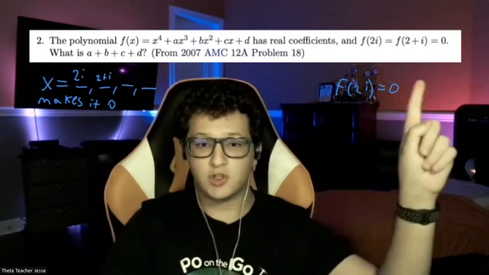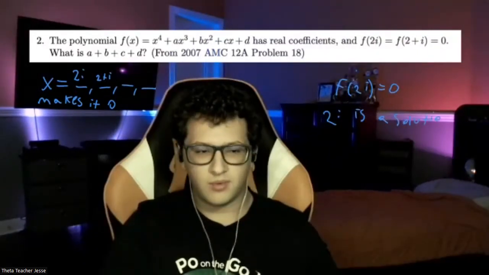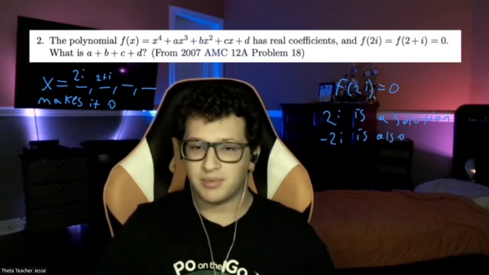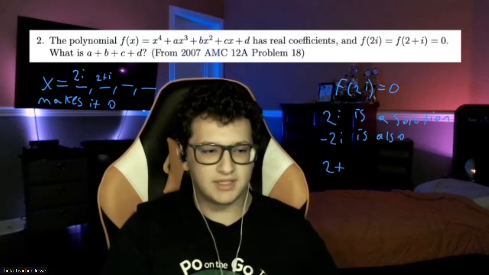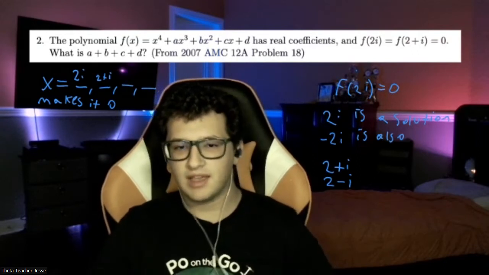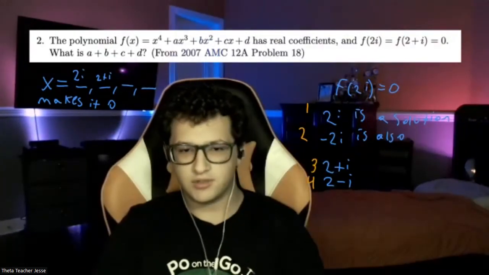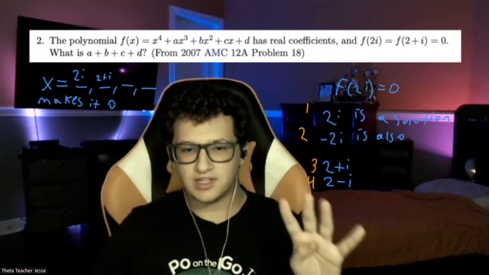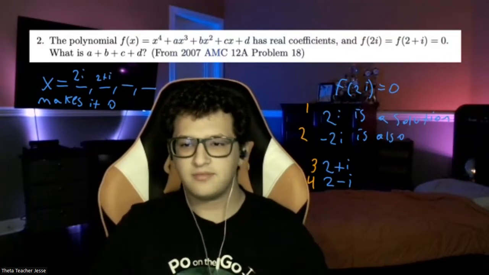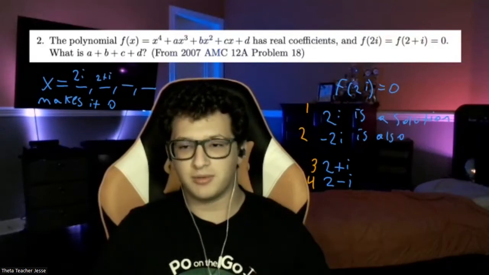If 2i is a solution, then so is negative 2i. The same thing applies with 2 plus i. So 2 plus i is a solution, which means 2 minus i is also a solution. And look, we have 1, 2, 3, 4 solutions. So we know the 4 different values that, when we plug them into our polynomial, give us 0. Does anyone know how we can figure out the coefficients of our polynomial based on this?